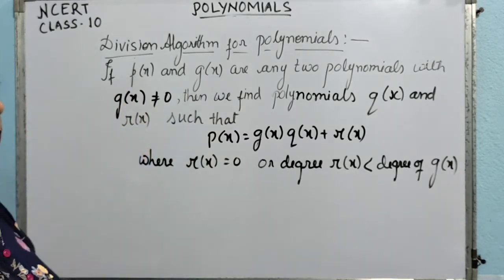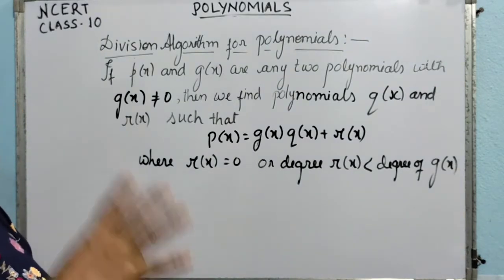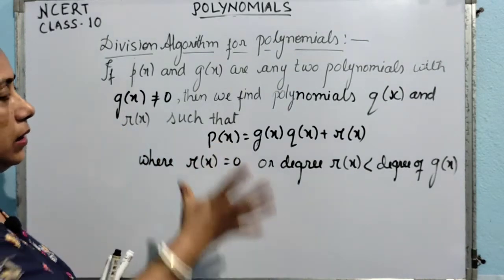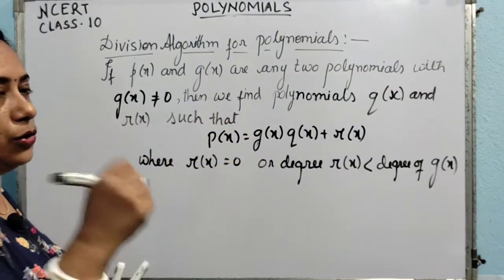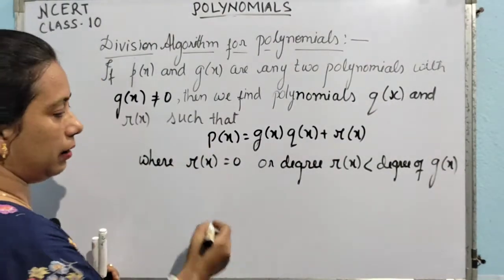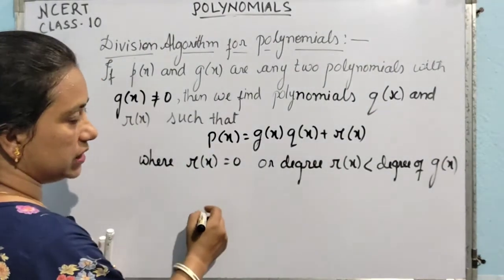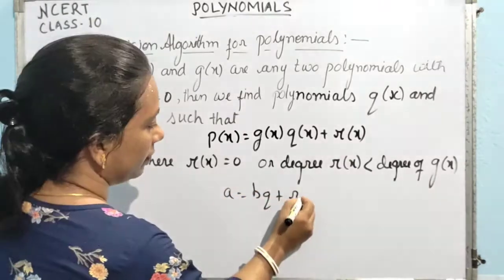See, this is nothing but the Euclid's division lemma that you have studied. That same idea is being applied in the field of polynomials also. Do you remember, it was stated that if a and b are two positive integers, then a is equal to bq plus r?